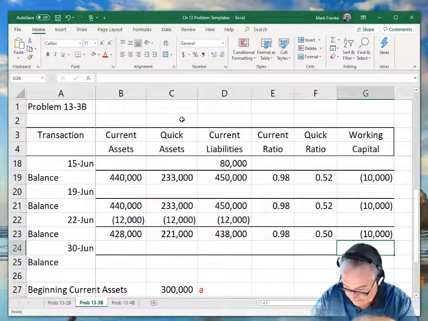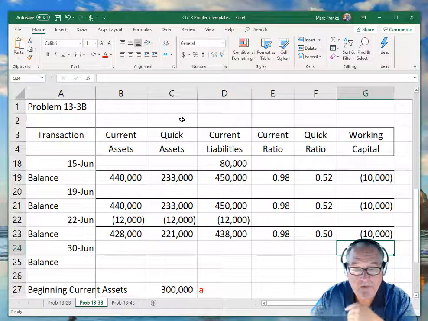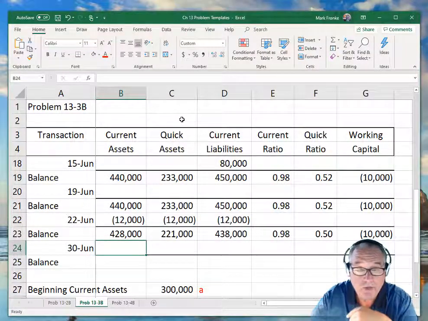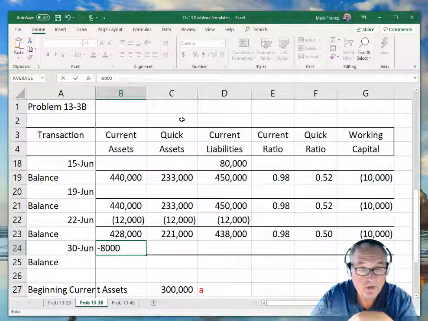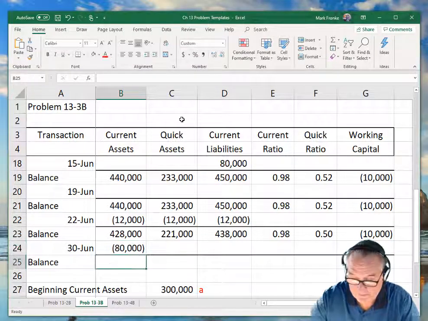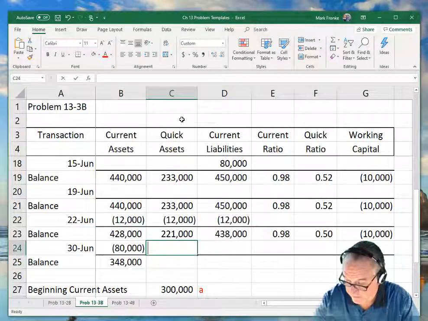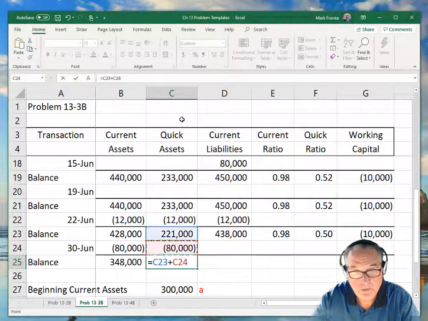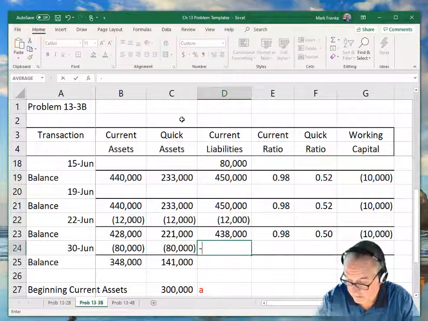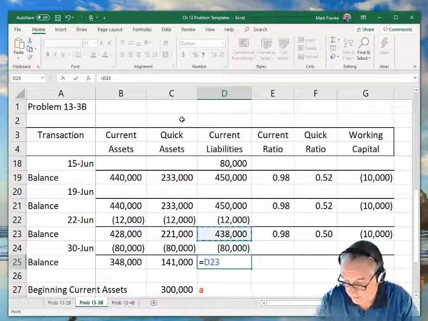And then our last transaction, it says we paid the dividend. So that was on June the 15th for $80,000. Our current assets are going down. Our quick assets are going down 80,000. And our current liabilities are going down 80,000.